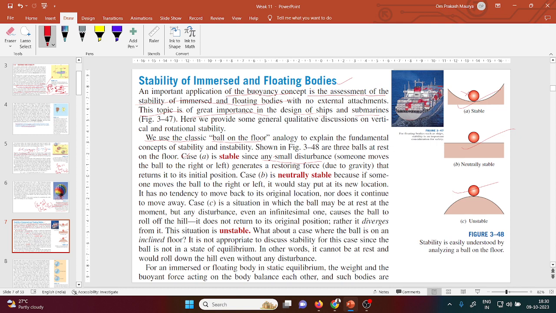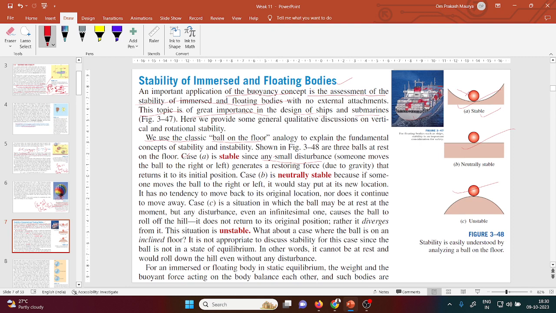If your floor level is in this shape and you apply a force and then remove it, what will happen? After some time your body will be at the same initial position. If that type of condition is happening, then it is a stable condition.